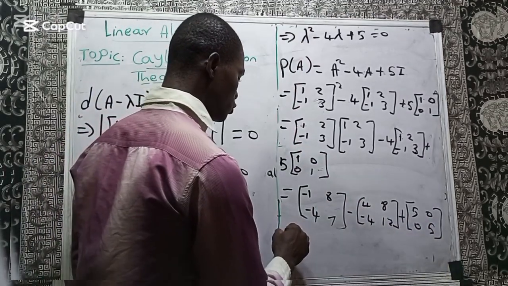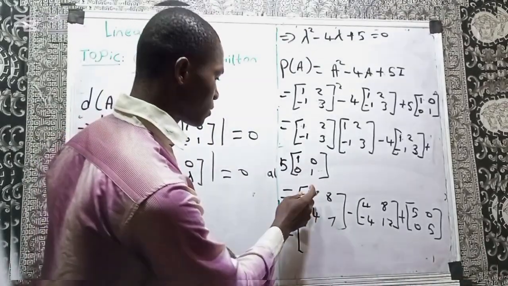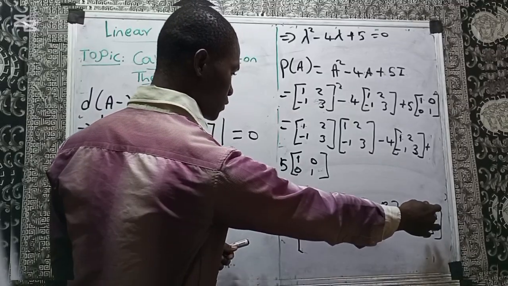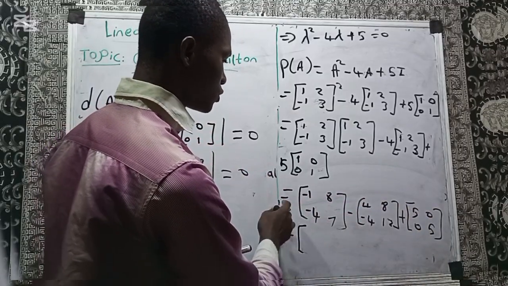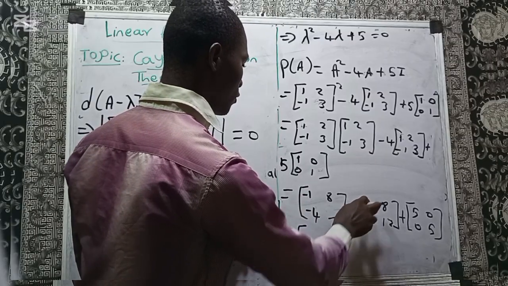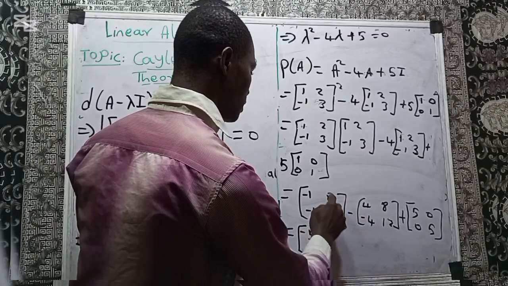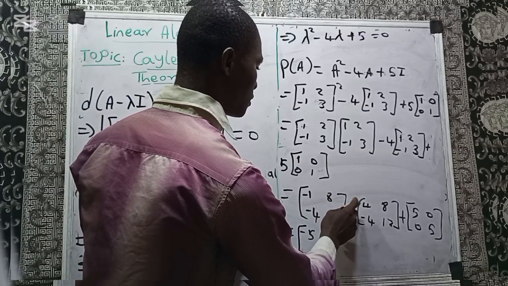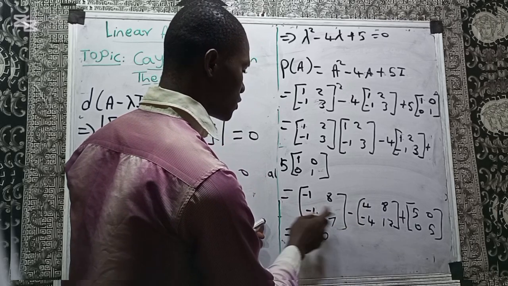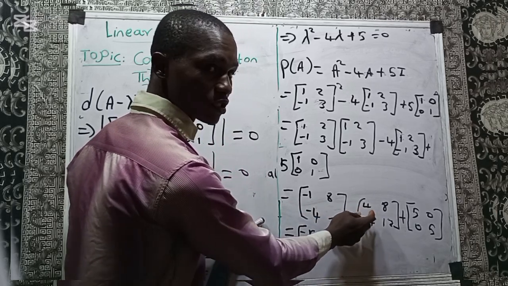So what I want to do now is let's subtract this one, then later I'll add it to the other one. So negative 1, negative 4, because we have minus here, we are going to have negative 5. 8 minus 8, 0. Then for this one, we have negative here. Negative will be positive.